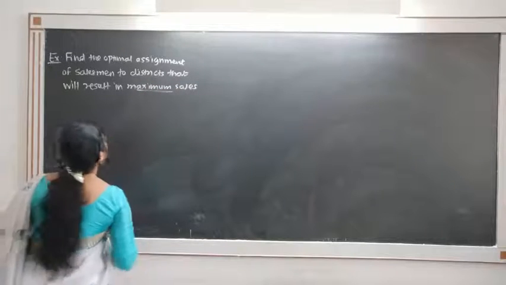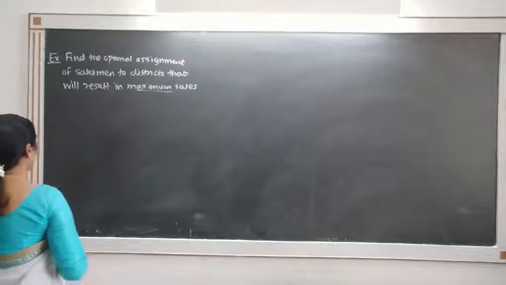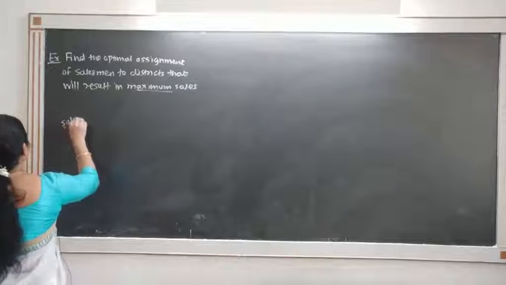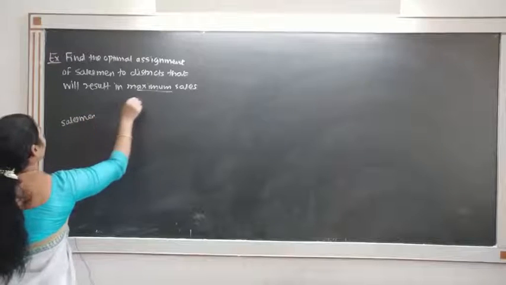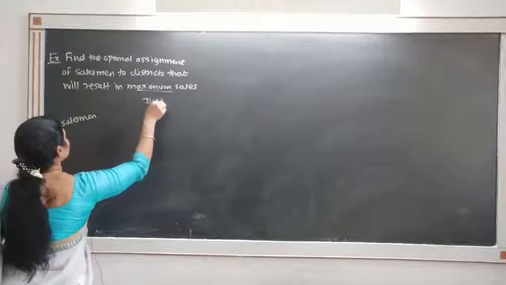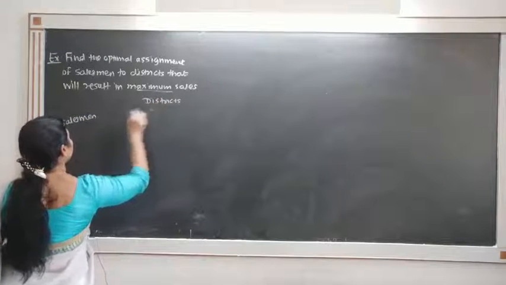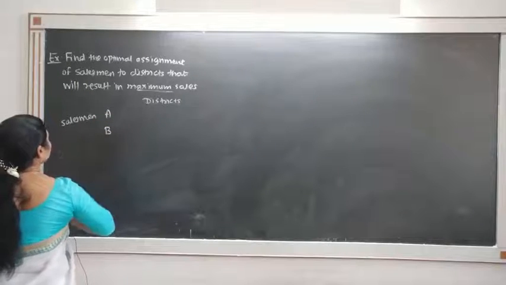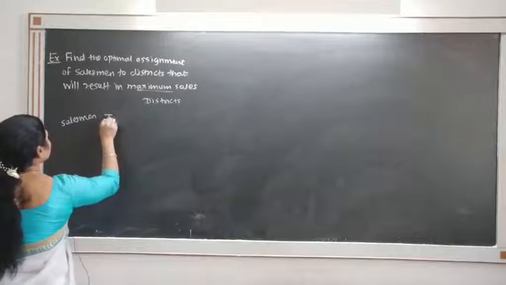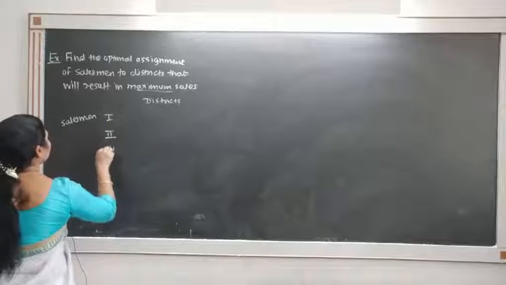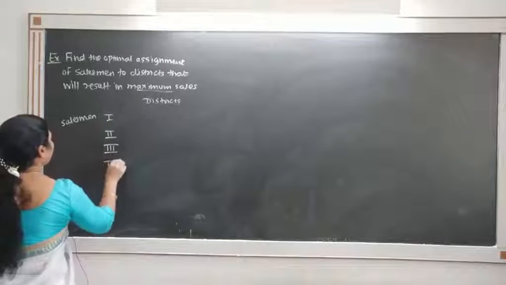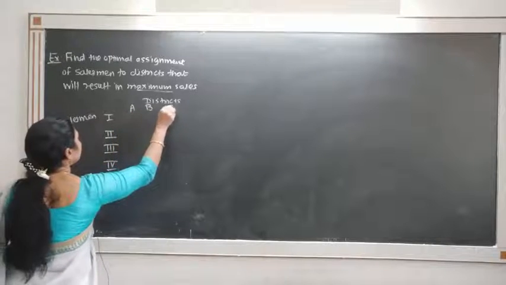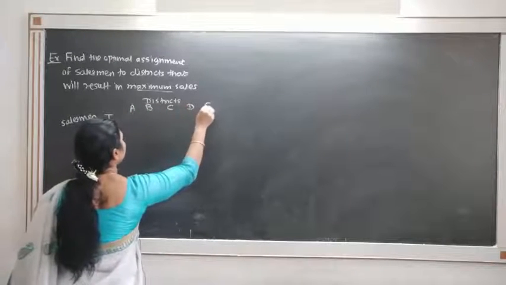So this is a case of a maximization assignment problem. There are 5 salesmen, first, second, third, fourth and fifth, and 5 districts A, B, C, D, E.